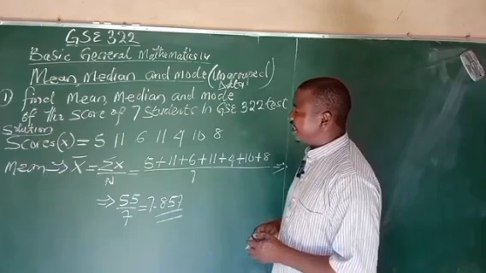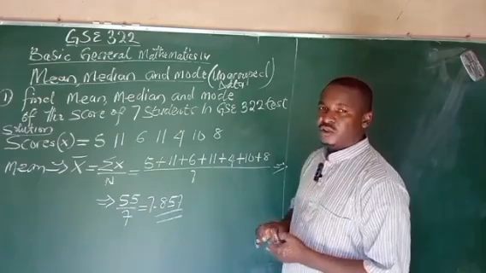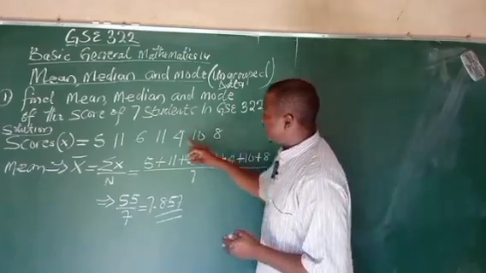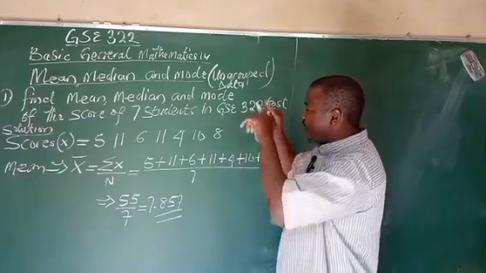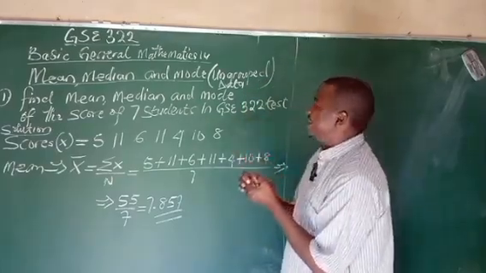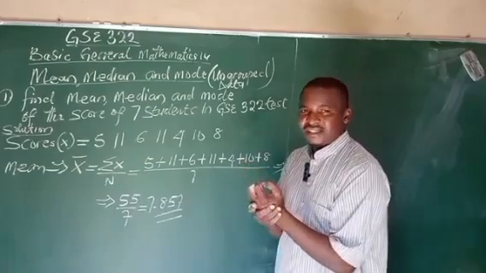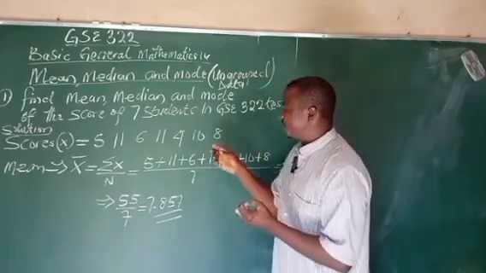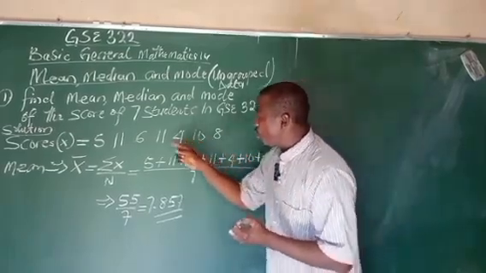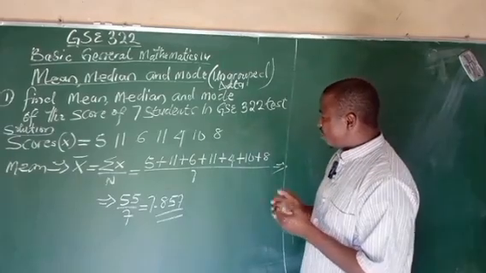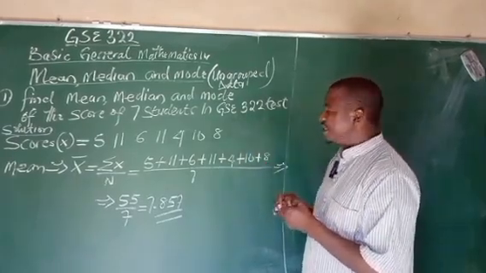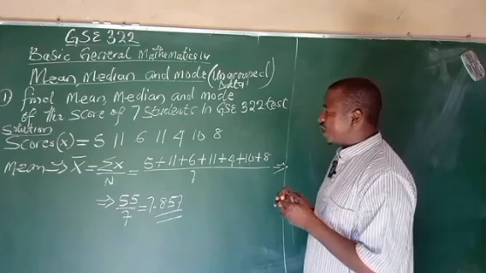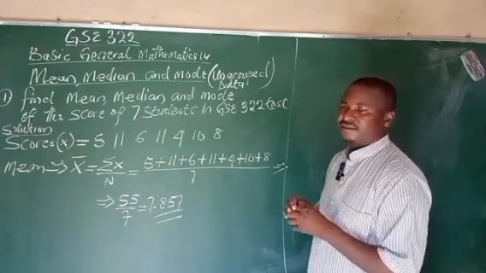After the arrangement, the value that remains at the center is our median. This is the case of odd median. When you have an odd number of items and you are looking for the median, definitely you are going to have one value at the center.